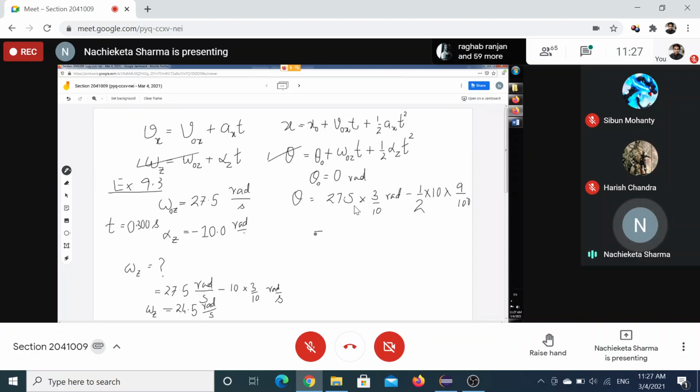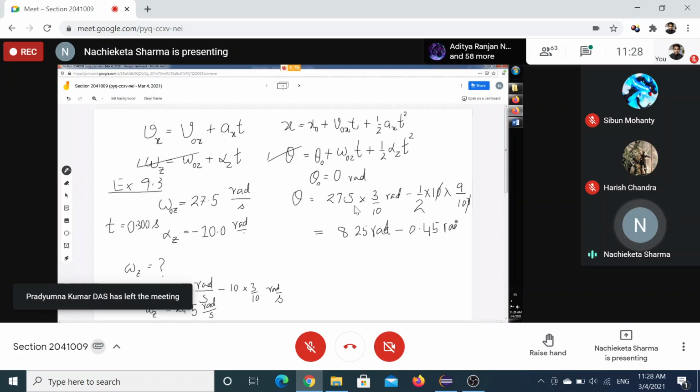So what will be my first term? The first term will be 82.5 by 10, so 8.25 radian. 8.25 radian minus, this zero gets cancelled, and we get 9 by 20. 9 by 20 means 4.5 by 10, that is 0.45 radian.